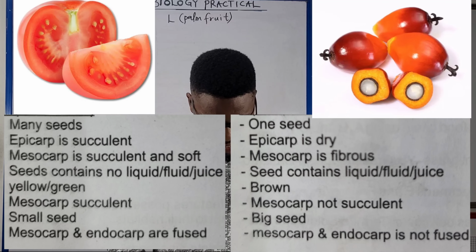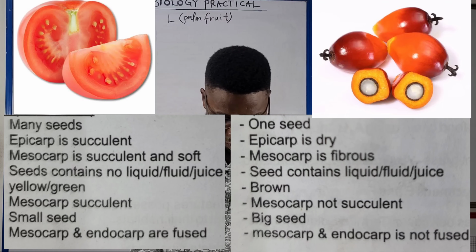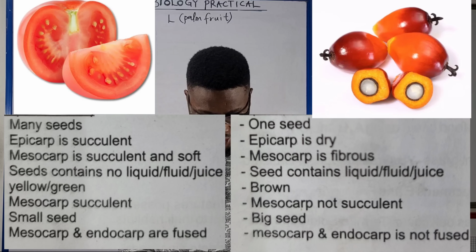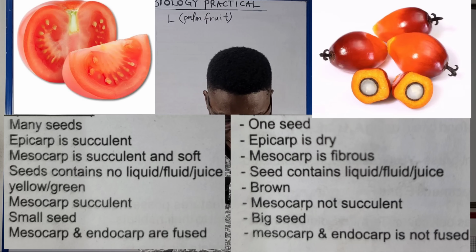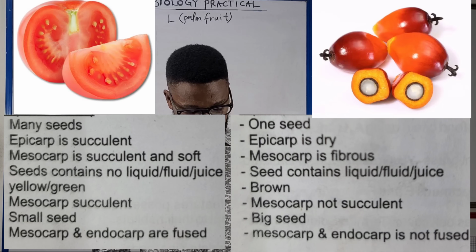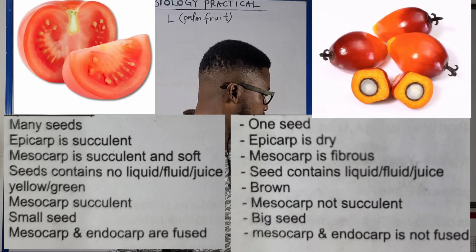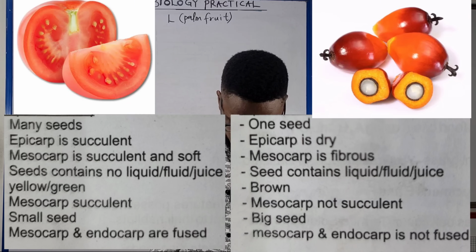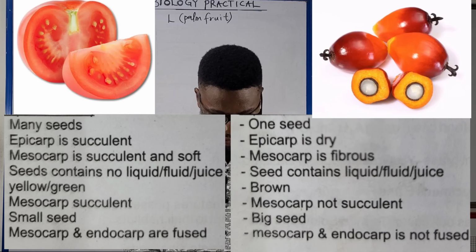It is succulent. Now the mesocarp for tomato is succulent and soft. Talking about the mesocarp, you can see just on the inside, it is very edible and succulent. But for the palm fruit specimen L, the mesocarp is fibrous.